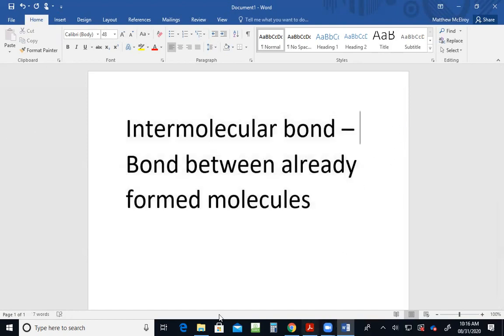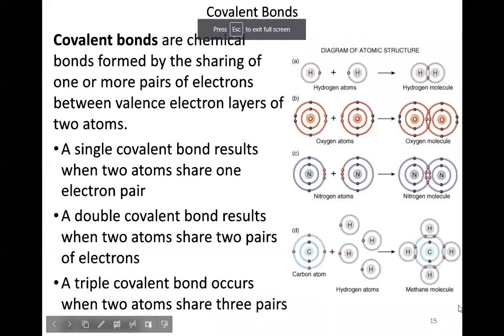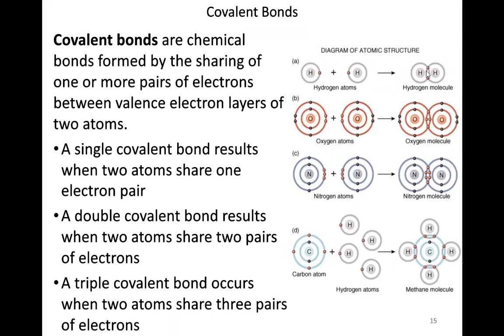So this is unique in that if we go back to covalent bonds, ionic bonds, we're forming a bond. We're forming a molecule. We take a hydrogen, we take another hydrogen, we form a molecule of hydrogen gas. We take sodium ion, chloride ion, we bond them together, that's sodium chloride, okay?